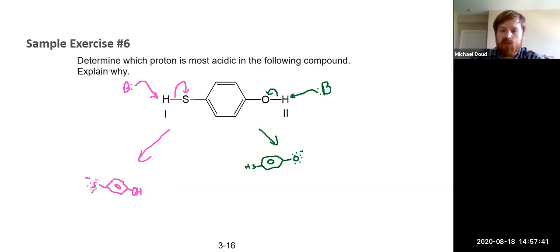Evaluating between sulfur and oxygen, sulfur is below oxygen on the periodic table. This is the bigger atom. Since sulfur is bigger, its lone pair is more stable. If it's more stable, that means as a conjugate base, it's a weaker conjugate base.